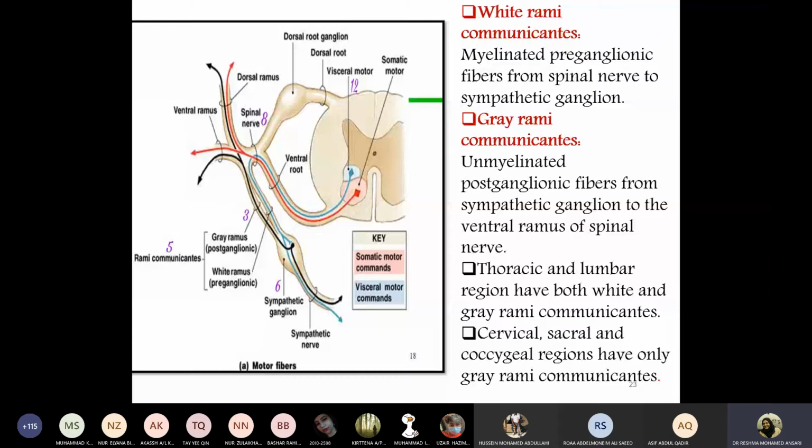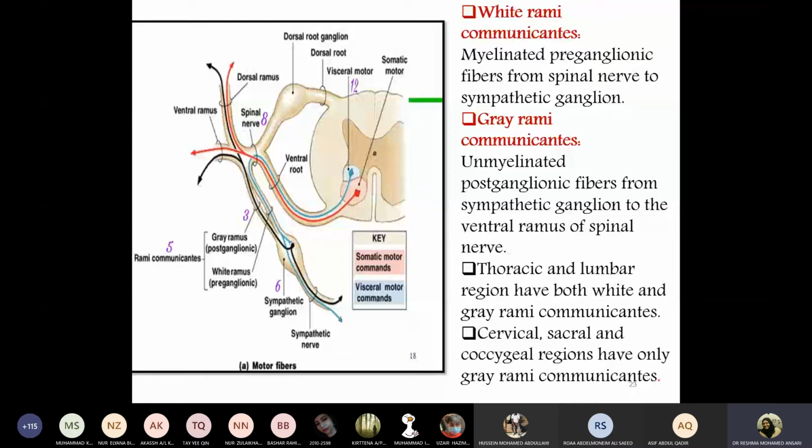The thoracic and lumbar regions have both white and grey rami communicantes, and the cervical, sacral and coccygeal regions have only grey rami communicantes. So let me explain again. In my thoracic and lumbar regions, I have a group of neurons which give rise to my sympathetic information.